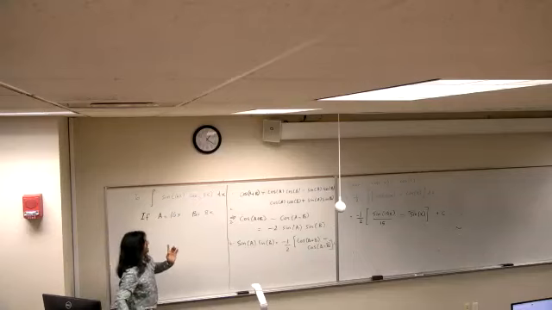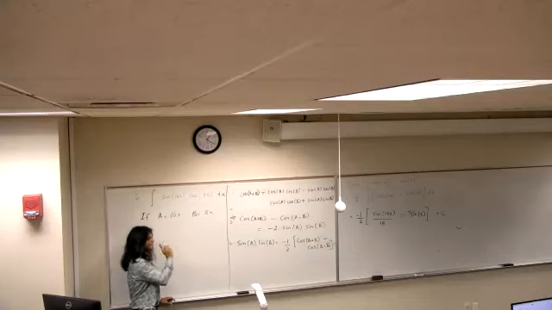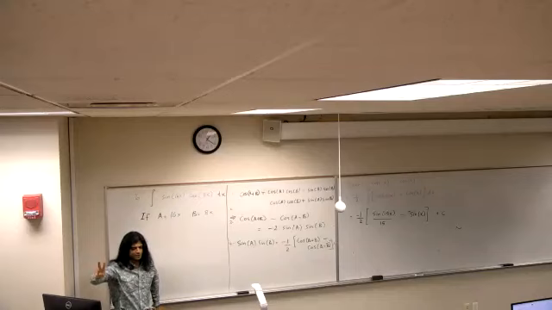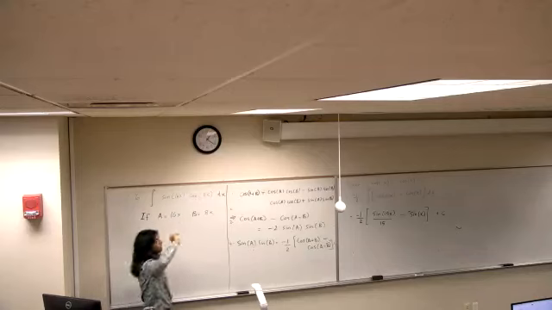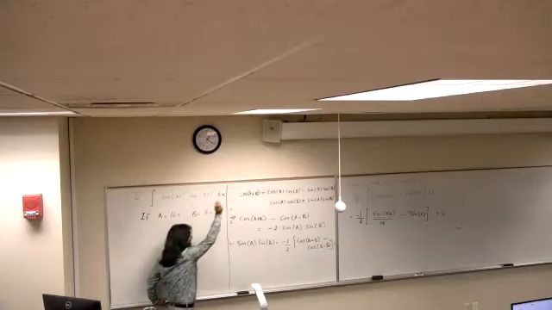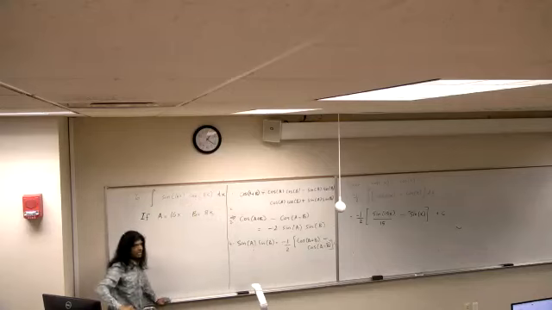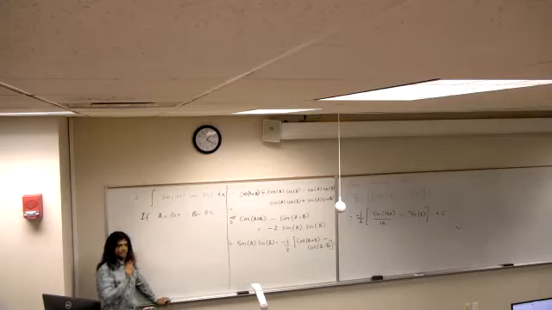Might have been last week sometime. Let's say I'm adamant about using this. I don't want to use the other identities because the other ones got sine. This is cosine, cosine. I want to stick with this. I'm going to argue I can still do it with one change to the problem. Only one change.